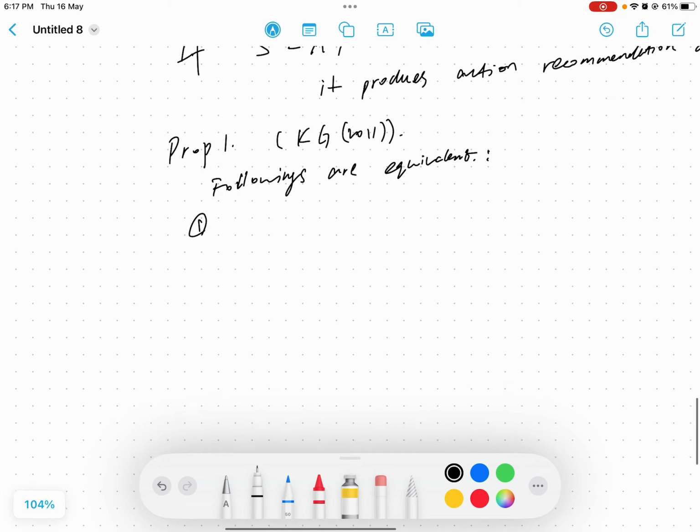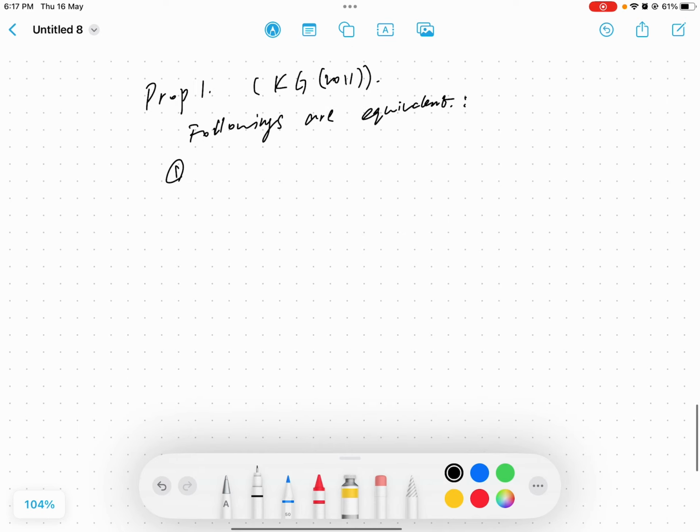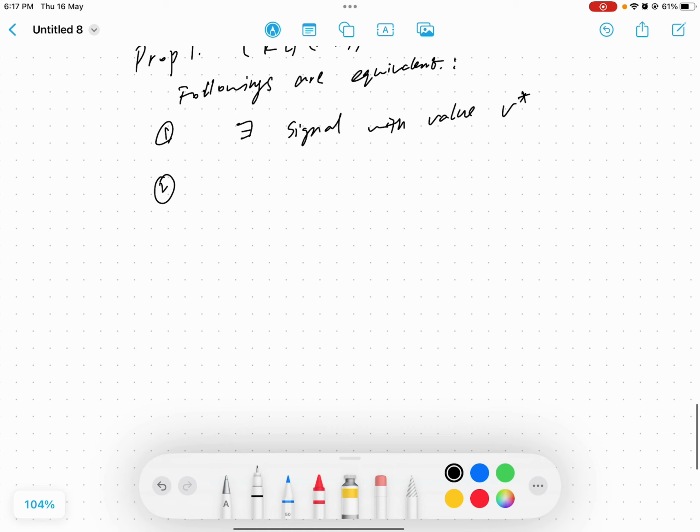So this type of argument is quite similar to the Blackwell theorem, right? This is quite interesting. So the first statement is that there exists a signal with value V star. All right. So the second thing they say is that there exists a straightforward signal with value V star.